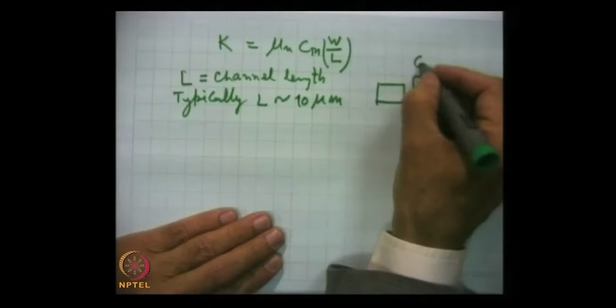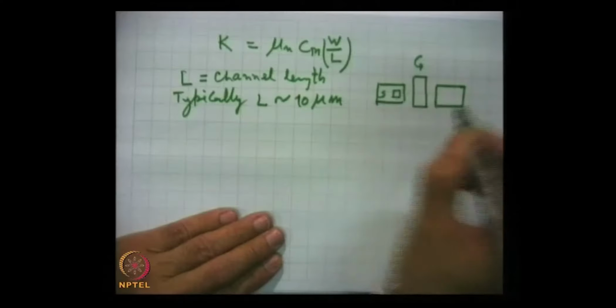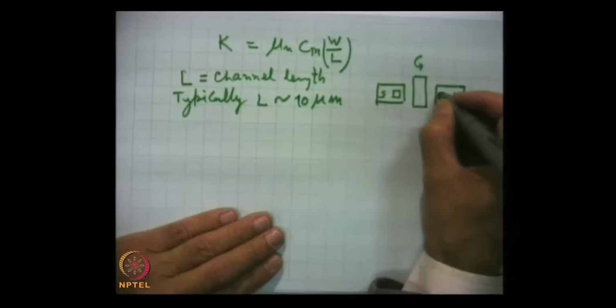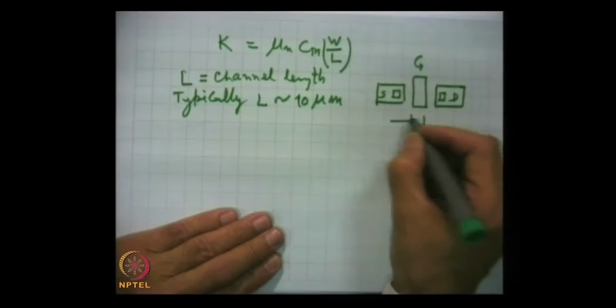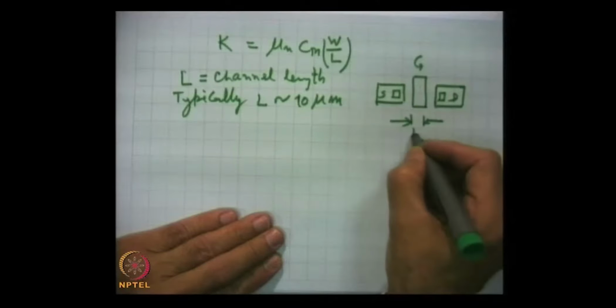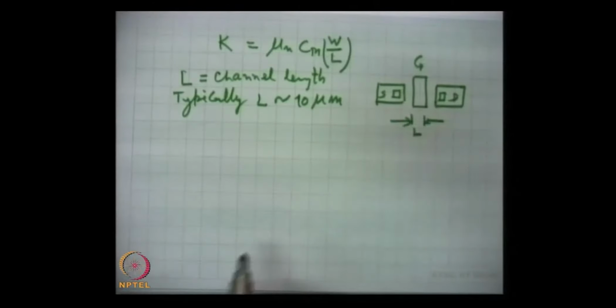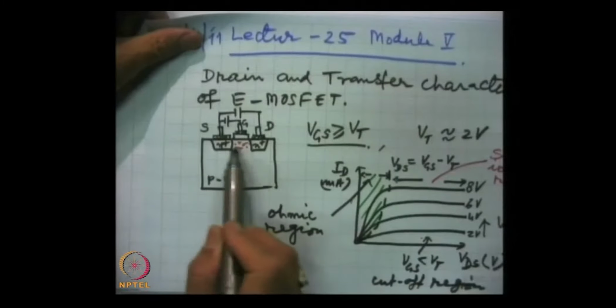This is gate, this is source, and this is that metallic contact, and this is drain, and this is the metal contact, and this is L, channel length. And between drain and source here, this red one, this is the channel.